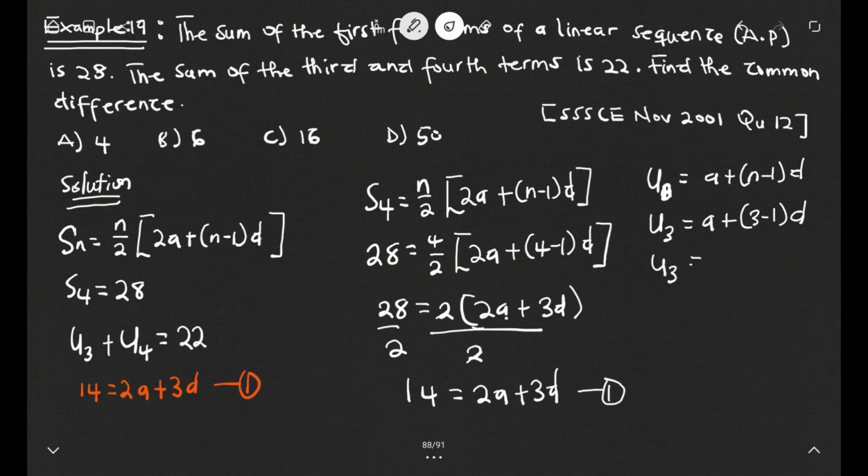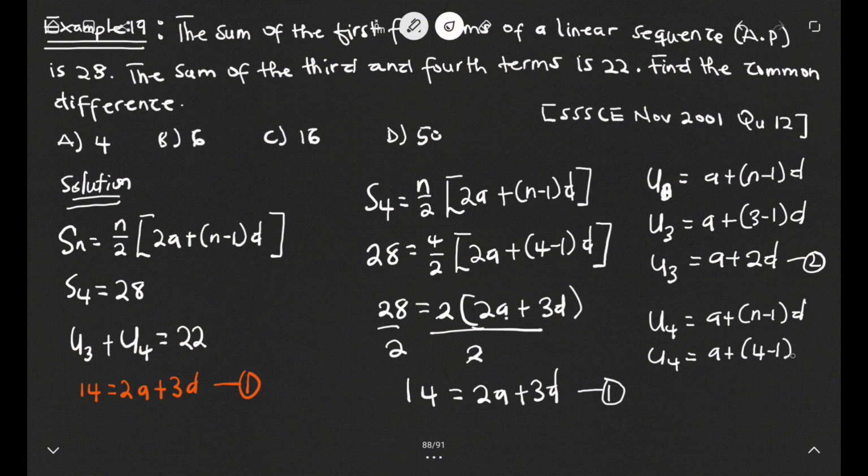And so therefore U3 will be equal to a plus 3 minus 1, which is 2, multiplied by d, becomes 2d. And so this becomes my equation 2. And then U4 will be equal to a plus into bracket n minus 1 multiplied by d. So U4 will be equal to a plus into bracket 4 minus 1 multiplied by d.